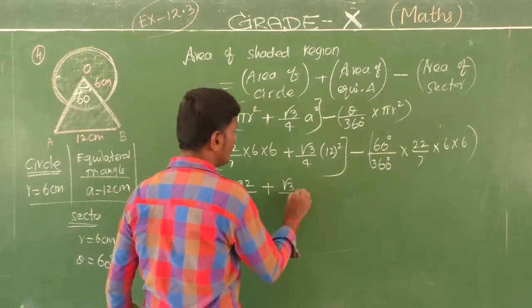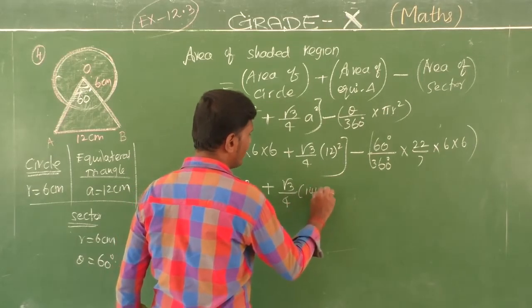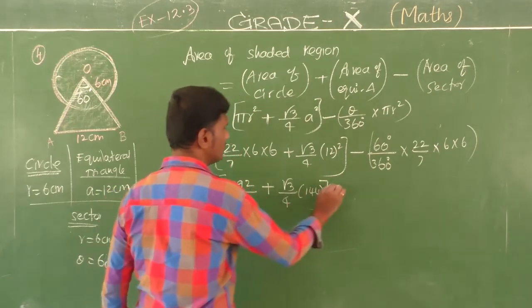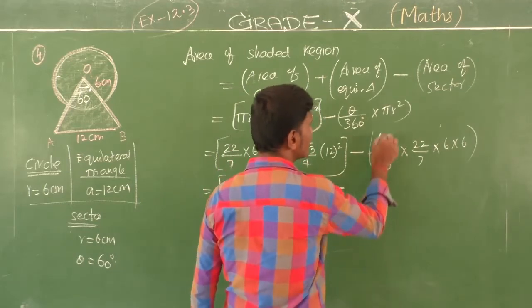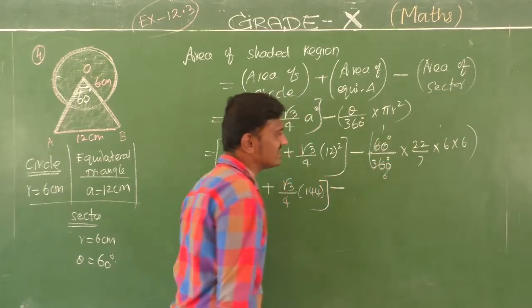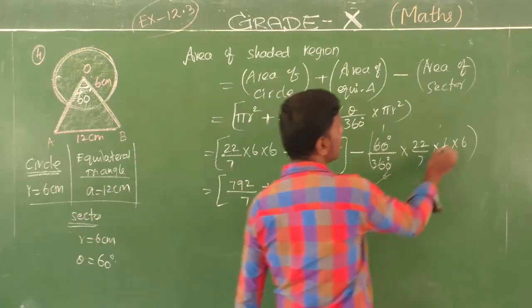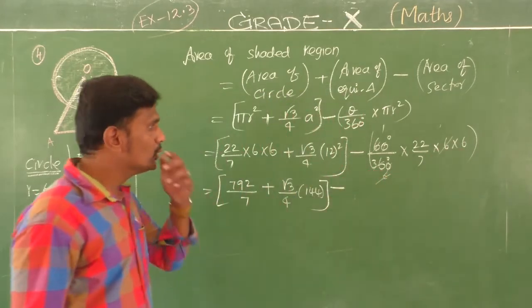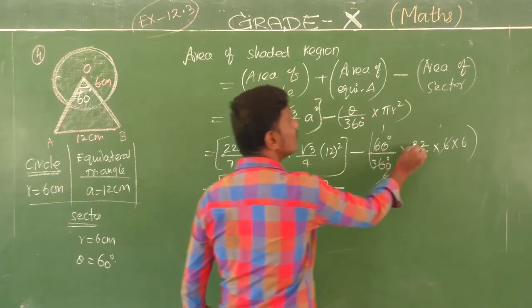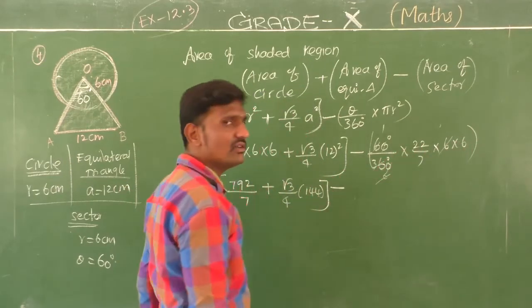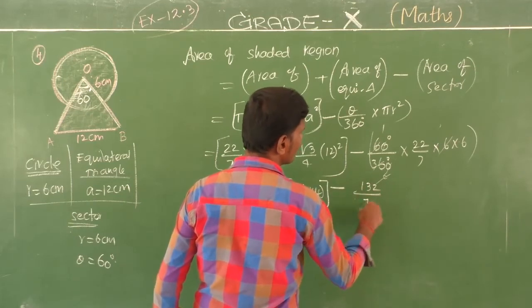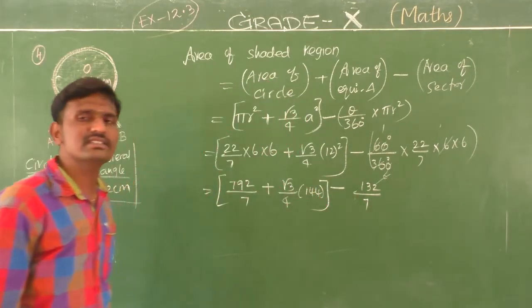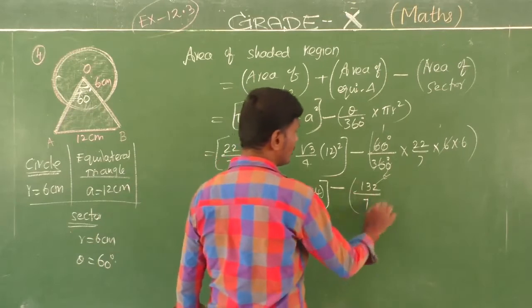Now root 3 by 4 into 144, minus, now the simplification of this: the 6 and that 6 will be cancelled. The remaining terms are 22 into 6. 22 6s are 132, so 132 by 7. So this is the area of the sector.